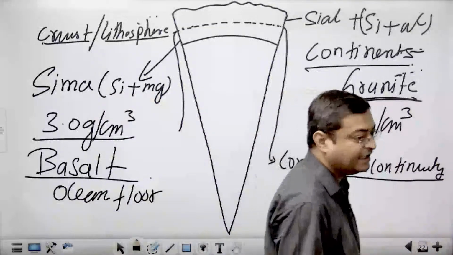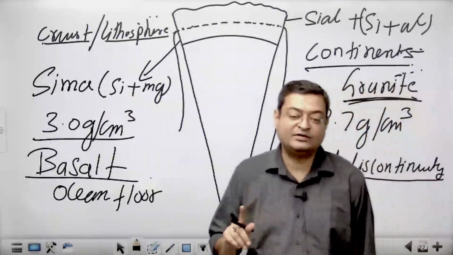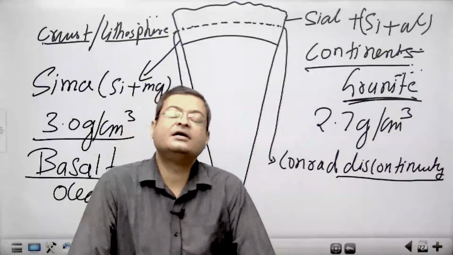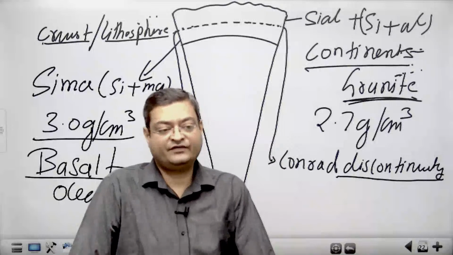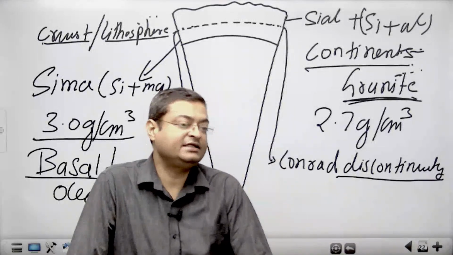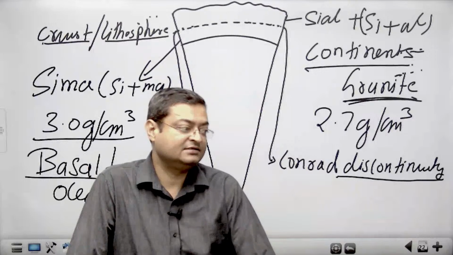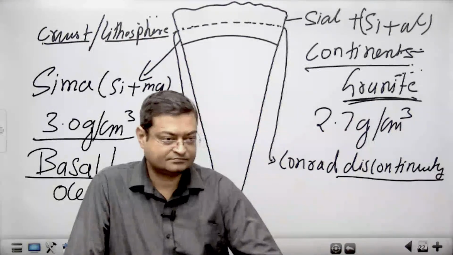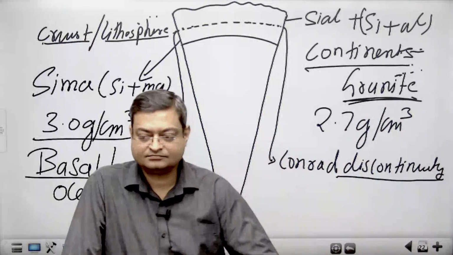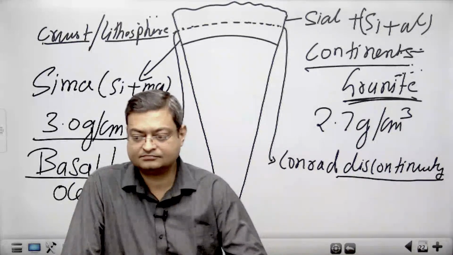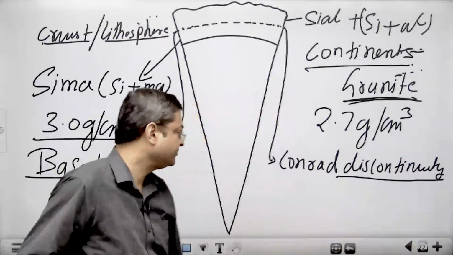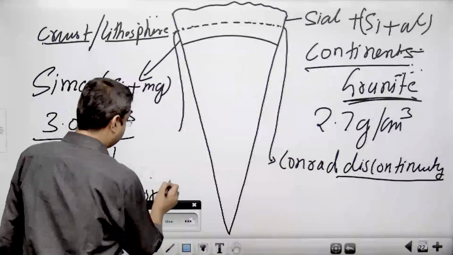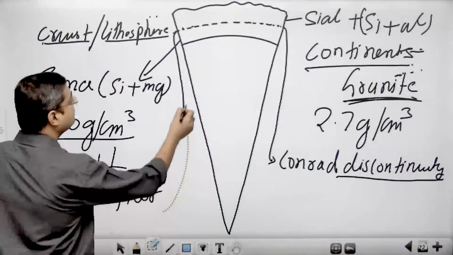Remember that this line is only given in one book, Strahler: undoubtedly, the thickness of crust is more beneath the Sial.